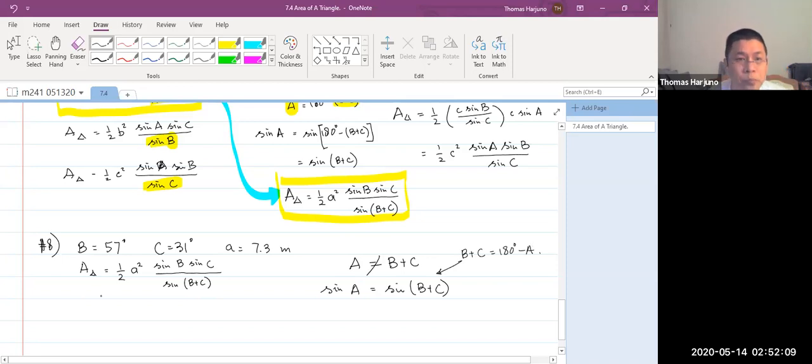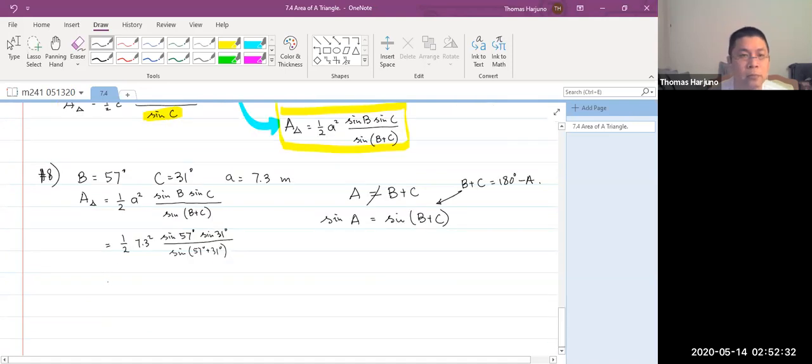Okay. Plug that in. This is 7.3 squared sine 57 degrees sine 31 degrees over sine of 57 degrees plus 31 degrees.